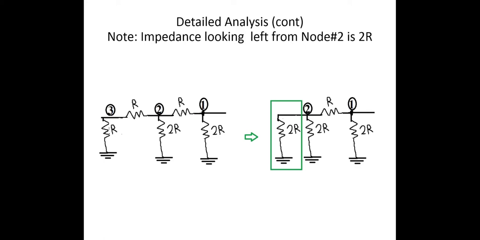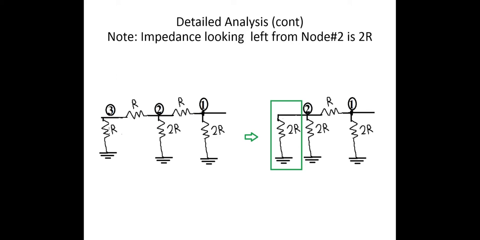So again we can see, after combining the two resistances attached to node 3, that the total resistance seen from node 2 while looking towards left is 2R.